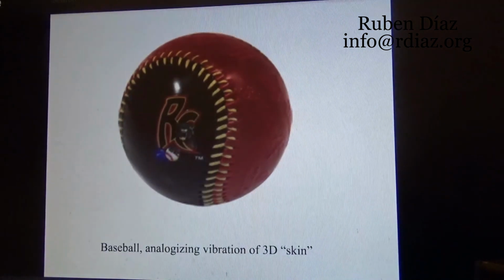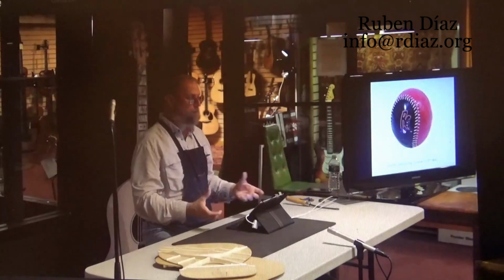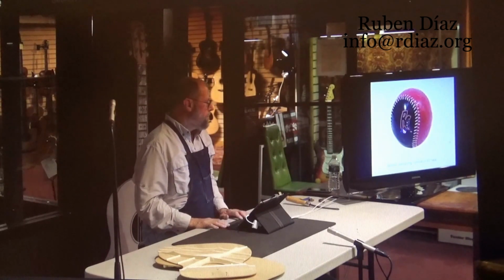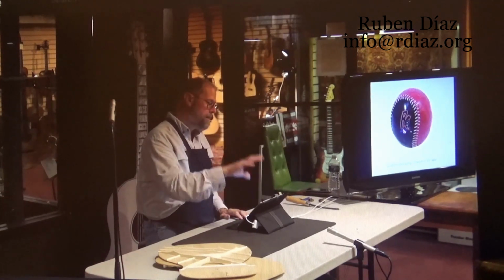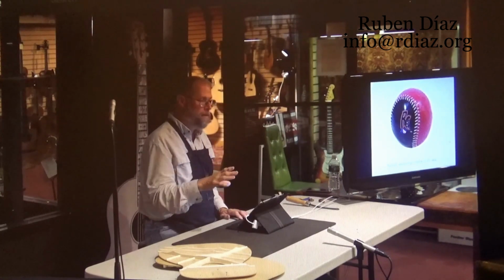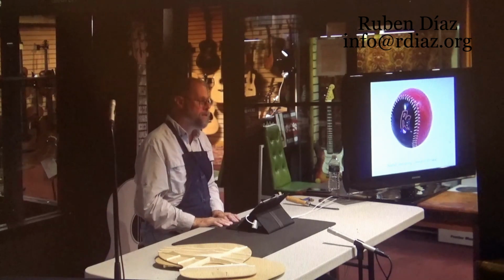Not only does the string and the top and the air column vibrate, but when you glue the top to a body, you make a guitar body or a violin body, the whole body goes into a vibrational mode. And this was discovered by some violin researchers. A lot of this research has been done in the violin field first, back in the 50s.